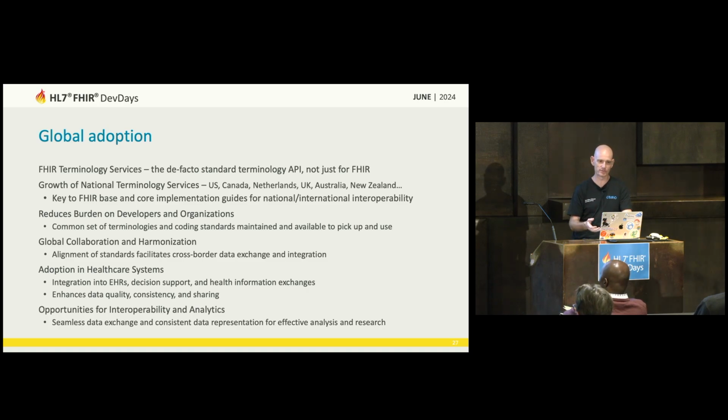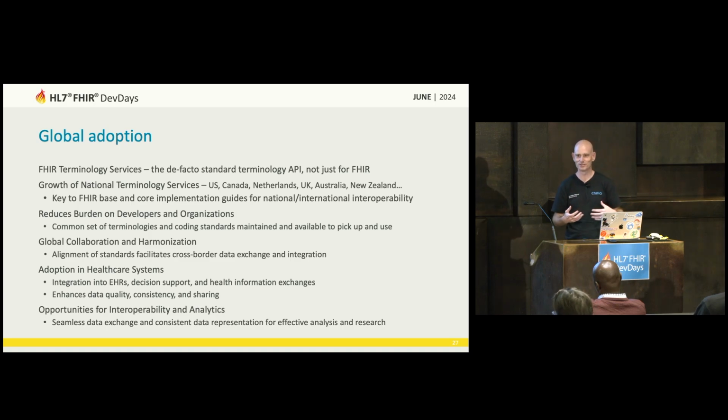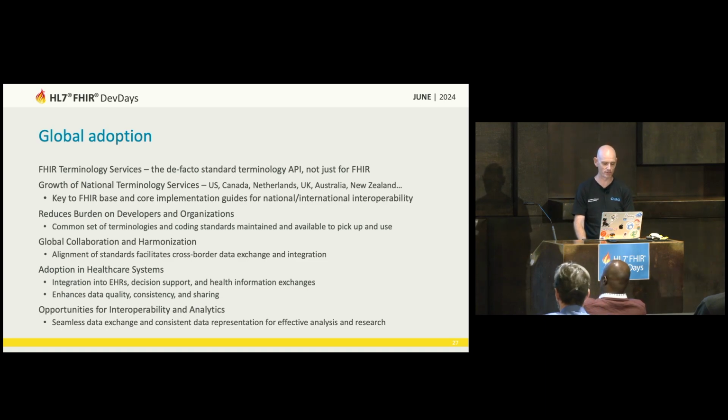National terminology services are awesome for developers and organisations trying to implement, because there's a whole set of maintained and ready-to-go code system and value set resources that represent all of the code systems and value sets they need to use in their local area, rather than having to get XML data or spreadsheets and turn them into FHIR resources and load them themselves. You can just suck that content straight out of the National Terminology Server.